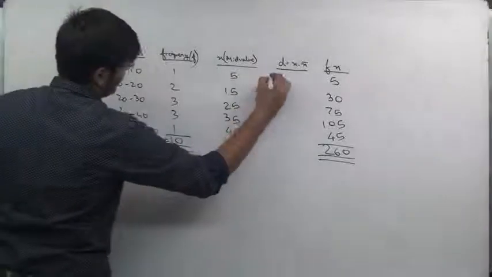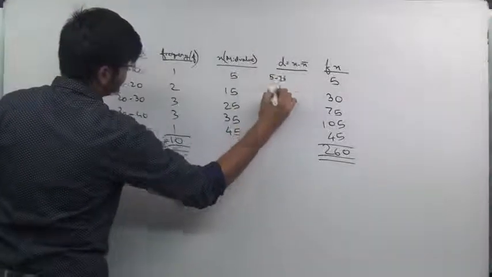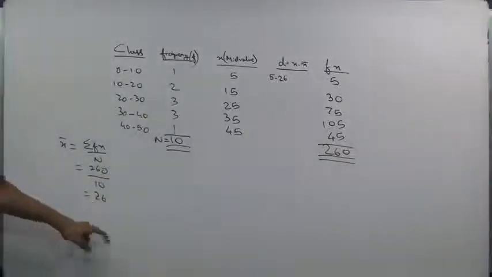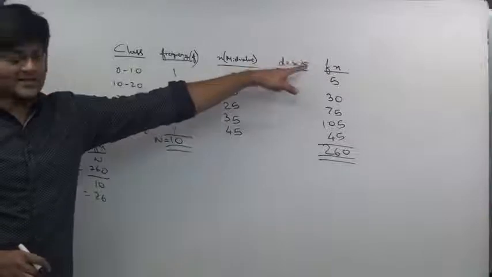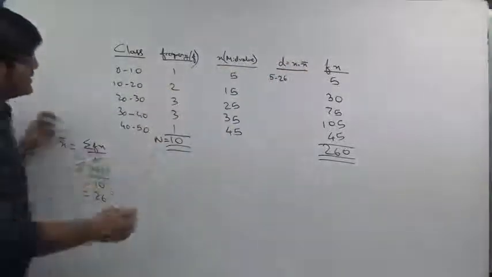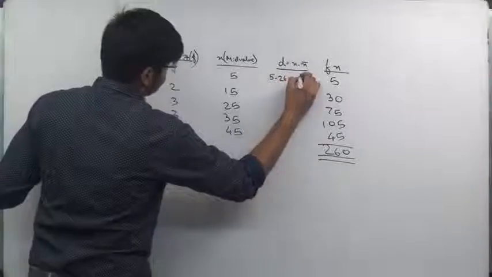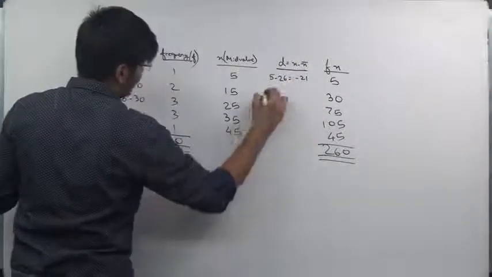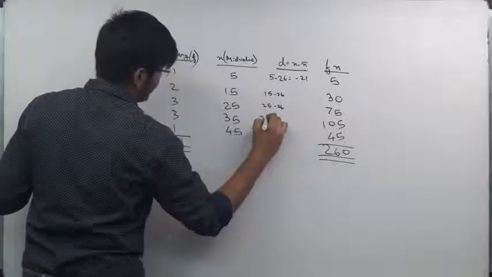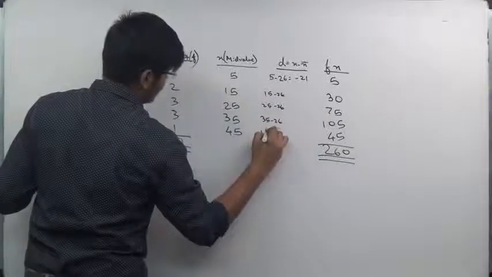So now here 5 minus 26. 26 is the arithmetic mean that we got here. D is equal to x minus arithmetic mean. X is 5 here. 5 minus 26 is minus 21, then again 15 minus 26, 25 minus 26. Individually we'll have to write down.